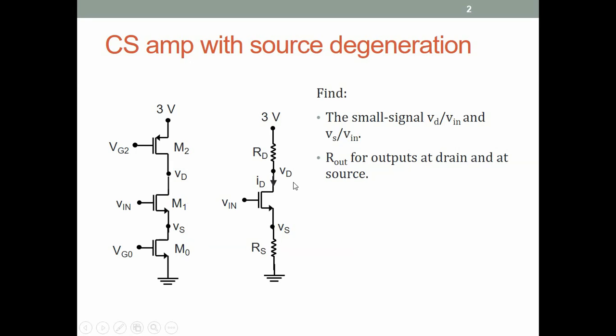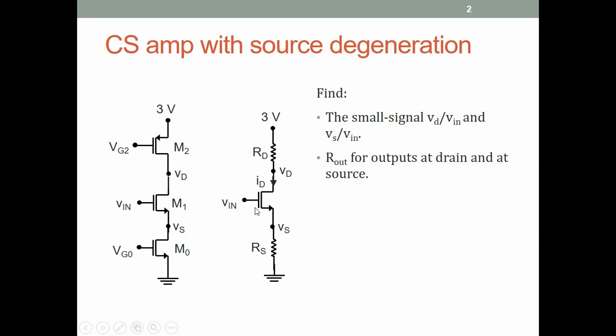Alright, so our goal, or the question we are asking ourselves, is find the small signal voltage gains for this circuit both at the drain as well as at the source. And also find the output resistances looking into the drain terminal as well as looking into the source terminal.